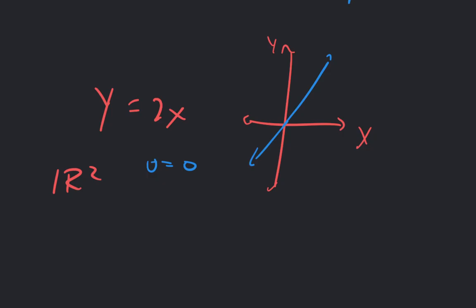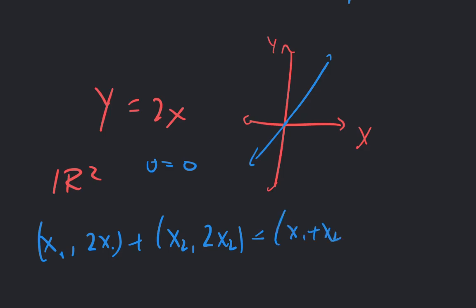We can close it under addition, x1, comma 2x1 plus x2, comma 2x2. And then that would just be x1 plus x2, comma 2 times x1 plus x2.